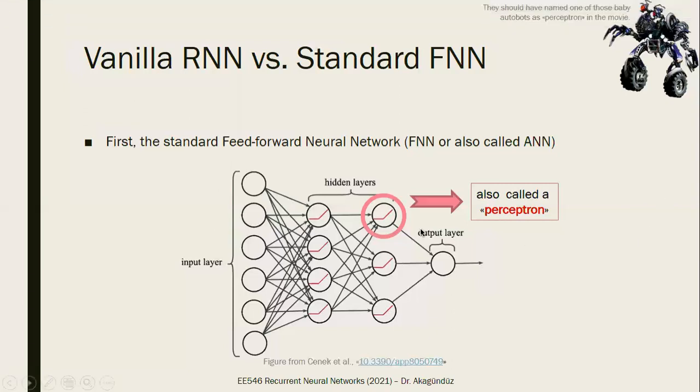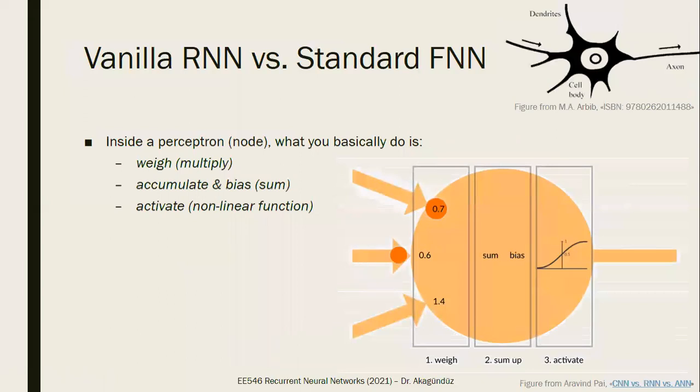Okay, so let's continue. These are the things that you already know, but I'm trying to give you a background on why an RNN is different from an FNN. So this was the FNN. You remember this idea was taken from the neural architectures in our body, where neural cells are connected to each other with axons and dendrites.